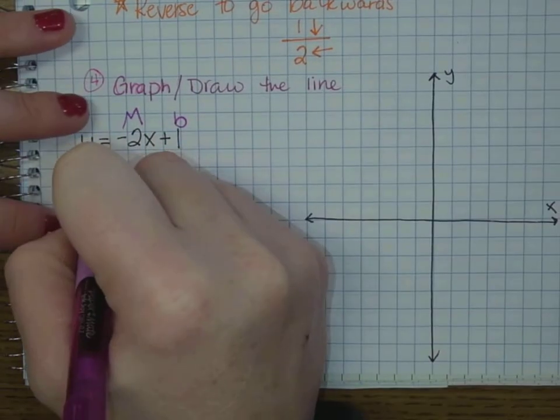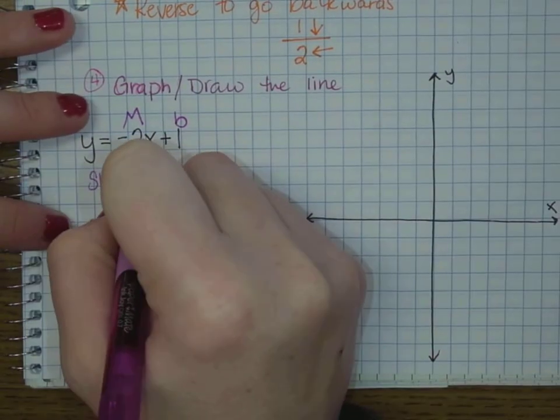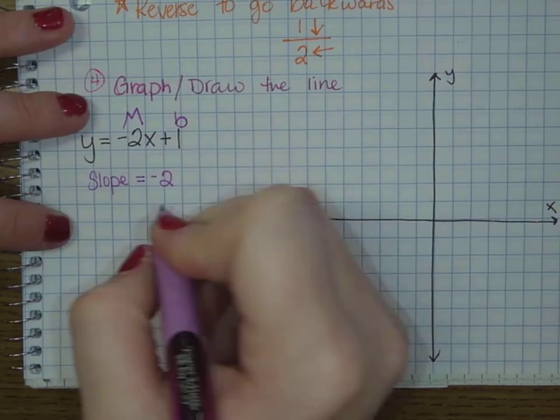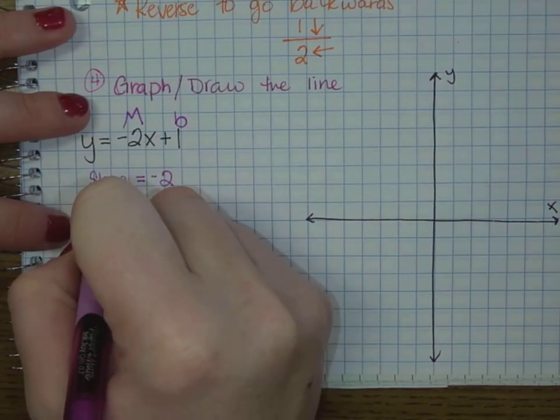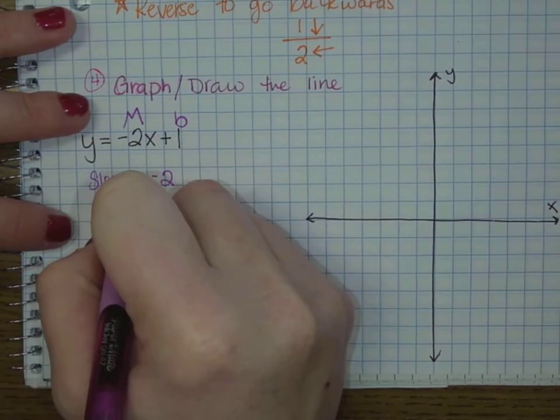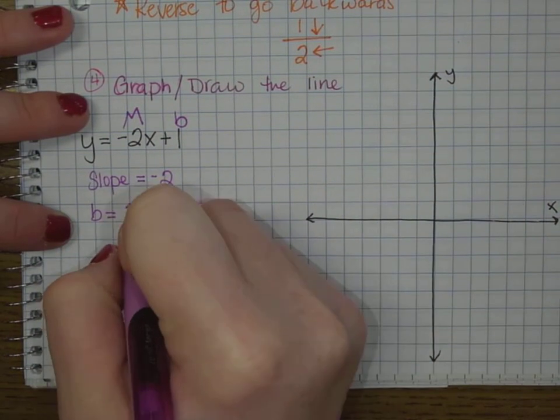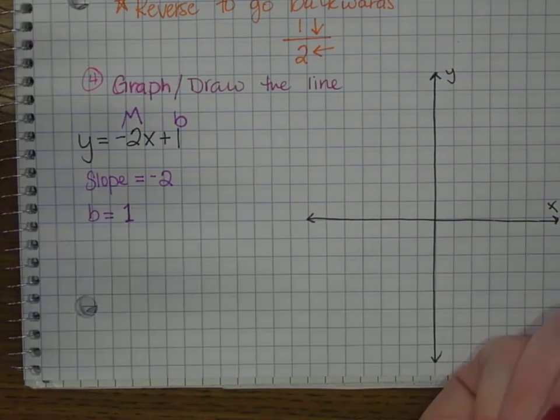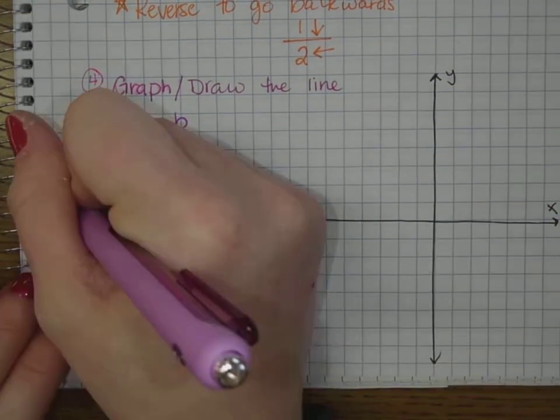So our slope is negative 2. Our b is positive 1. So this is step 1.